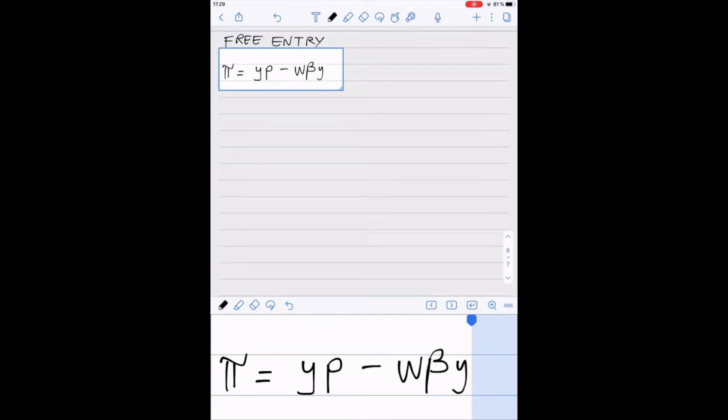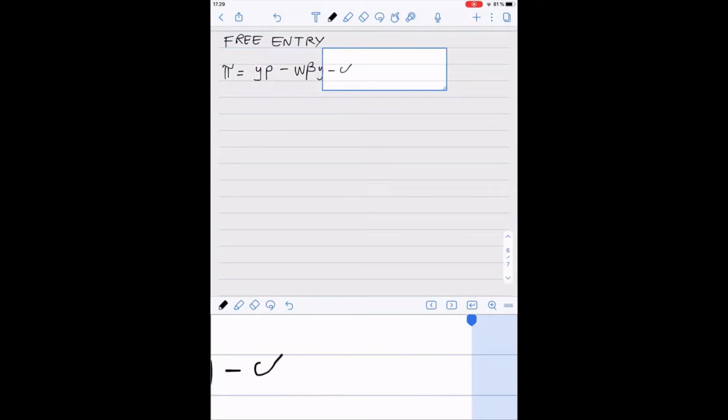So recall that our profits are, for any firm, because it's the same for all firms, equal to the output times the price minus the variable cost, wage times beta times y, minus the fixed cost.